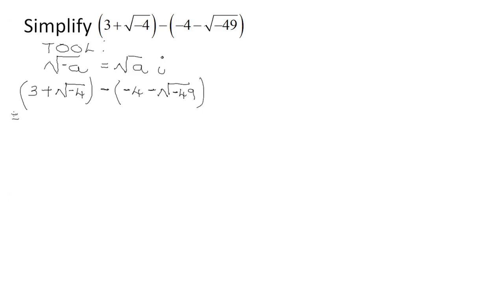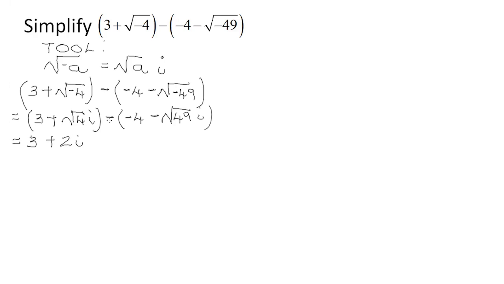This is equal to 3 plus, based on that tool, the square root of 4 times i, minus, in brackets, 4 minus the square root of 49 times i, equals 3 plus the square root of 4, which is 2i.